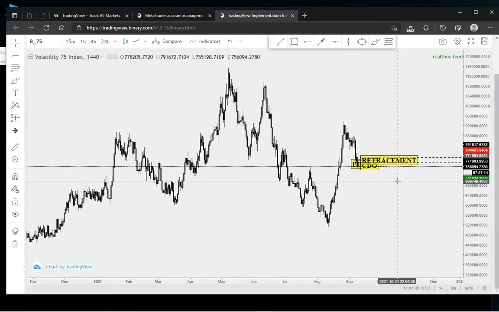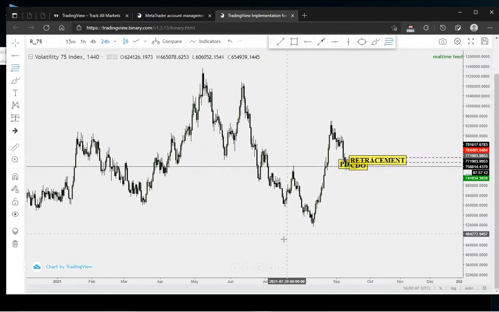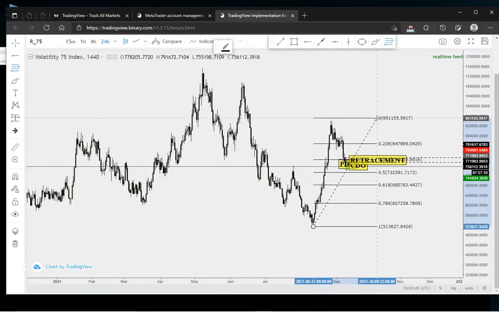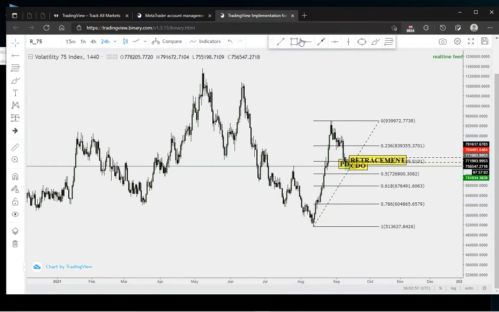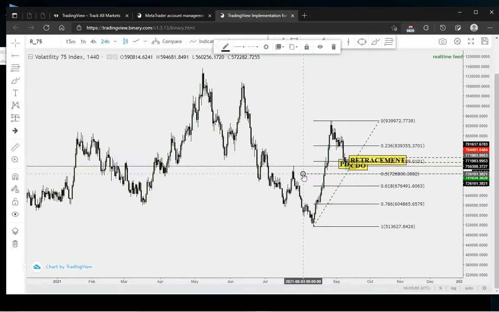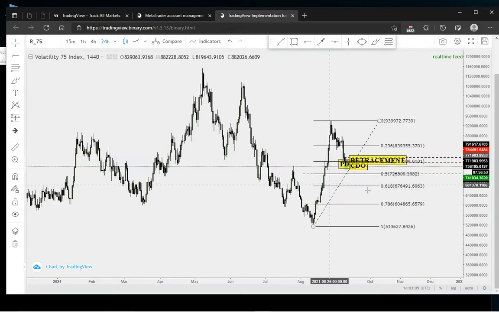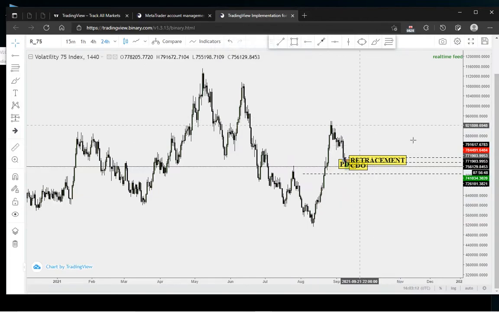I knew that prices will retrace, so I'm expecting the retracement level to come, price to retrace to this side, to the 50%. So if prices get to the 50% of this chart, I will exit the trade.